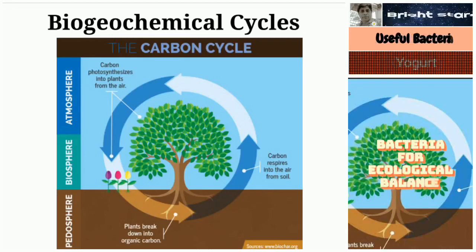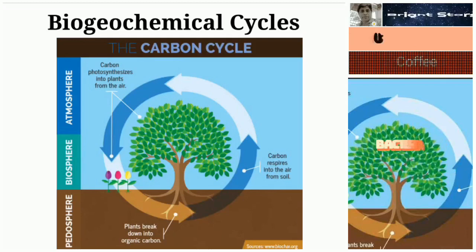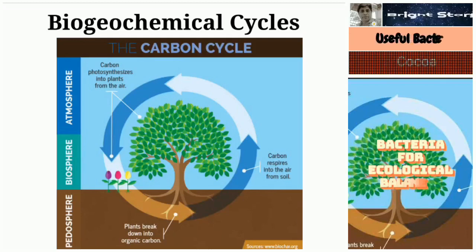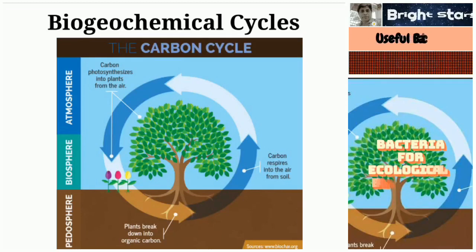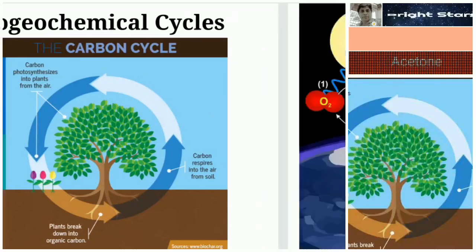All these things are converted back again, and the carbon cycle is maintained. Carbon dioxide in the atmosphere is maintained because of decomposing and mineralizing bacteria. I have already told you about the nutrient cycle in the beginning. So bacteria are useful in maintaining the carbon cycle.